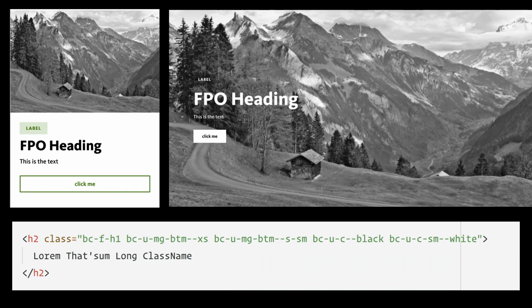We've got a font treatment and it's a heading 1. We've got some responsive utility styles around how much space needs to live under this heading. From the baseline, there's very little. At maybe a small breakpoint, there's more. The text is black.